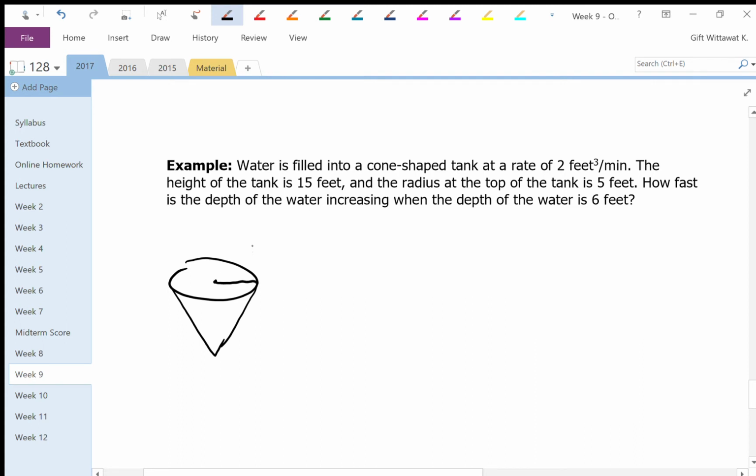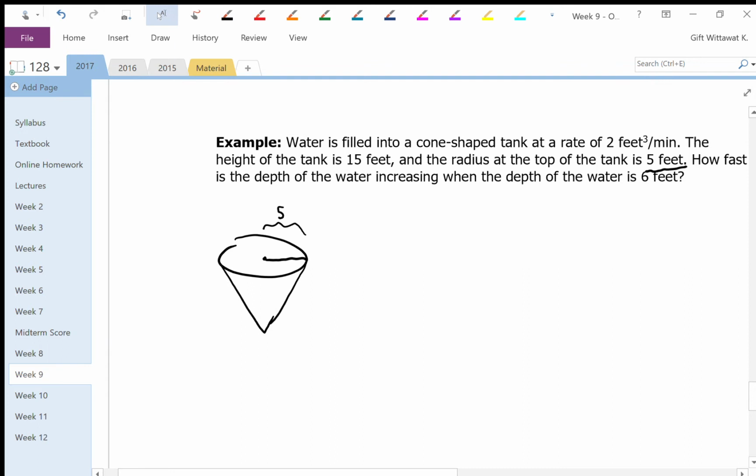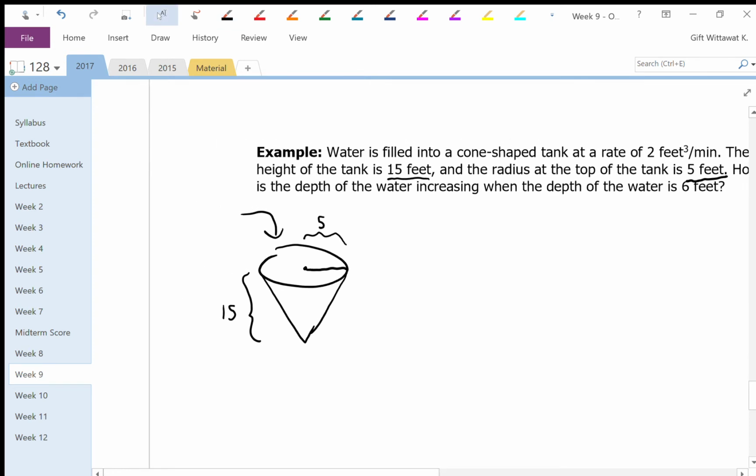So the radius at the top of the tank is 5 feet. The height of the tank is 15 feet. Water is being poured into this tank at the rate of 2 cubic feet per minute.